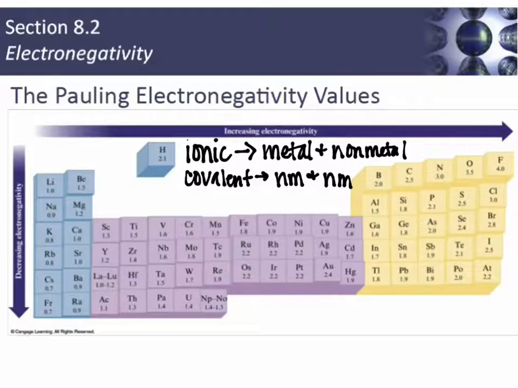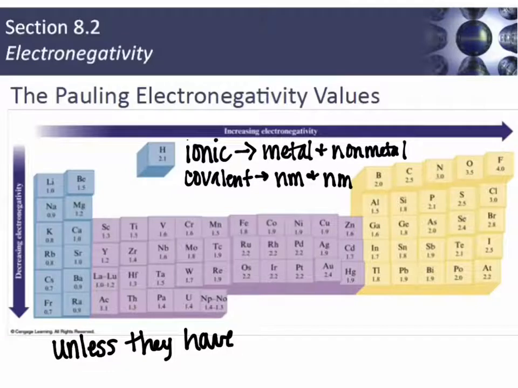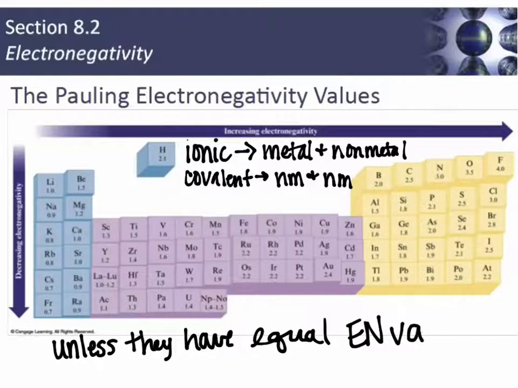So in the AP world, we're not using any of these values. All bonds are polar covalent unless they have equal electronegative values.